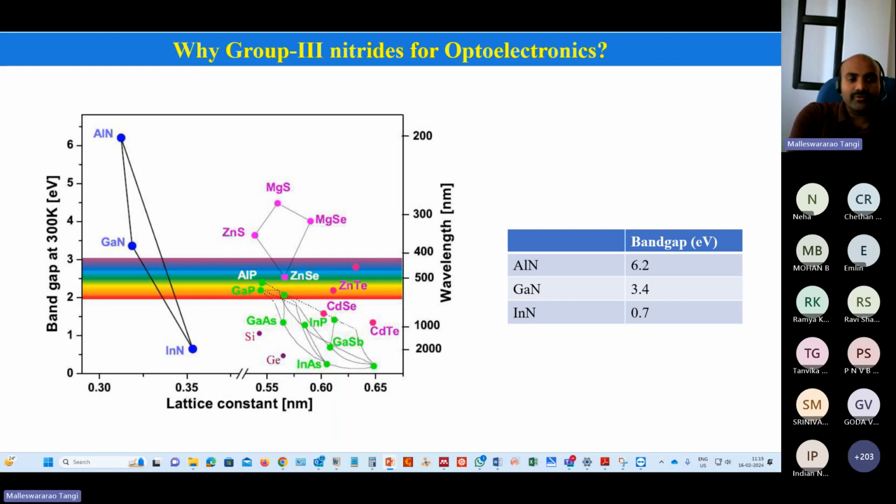It has a huge span of wavelength regime as compared to other semiconductors. This is the main advantage. Within the same nitride system, you can have all the wavelength emissions from these materials. And gallium nitride is a very important material out of these, and it has a band gap of 3.4 electron volts. In terms of wavelength, it will be around 364 nanometers.